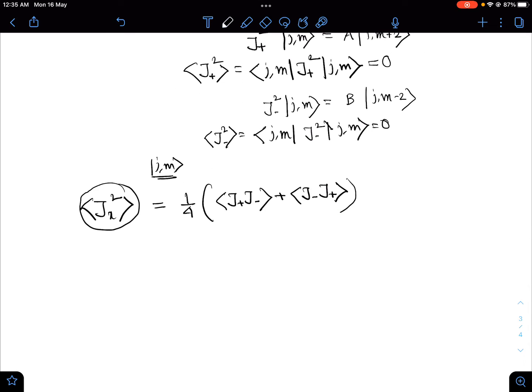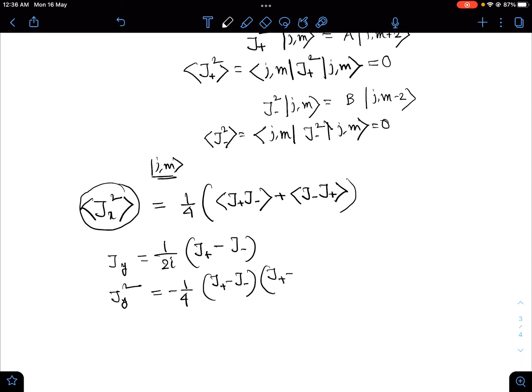In a similar manner, we can write Jy. We know Jy is 1 by 2i (J plus minus J minus). So what will be Jy squared? It will be minus 1/4 (J plus minus J minus) and we will have another (J plus minus J minus). So it will give us minus 1/4 (J plus squared minus J plus J minus minus J minus J plus plus J minus squared).